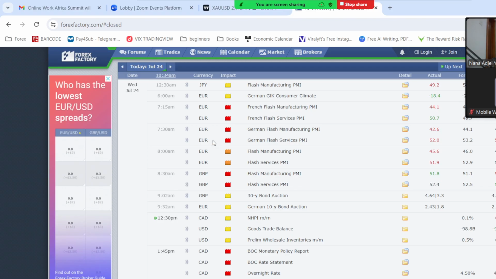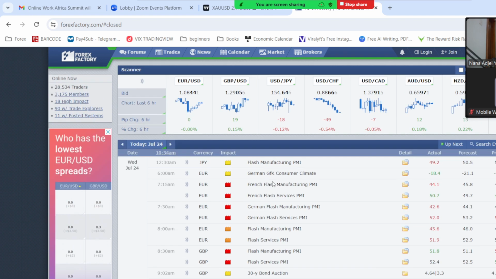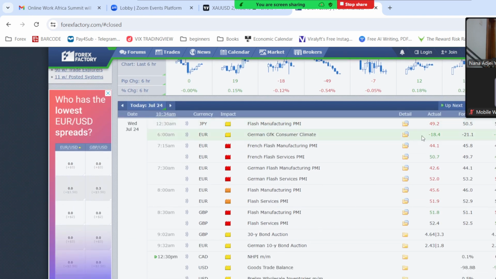Followed by the orange, which is also fairly high impact, but on a lower scale than the red folder. And then the yellow folder means medium impact, which means that fundamental might fairly affect that particular currency. And then we have that particular fundamental item, and then we also have some figures.